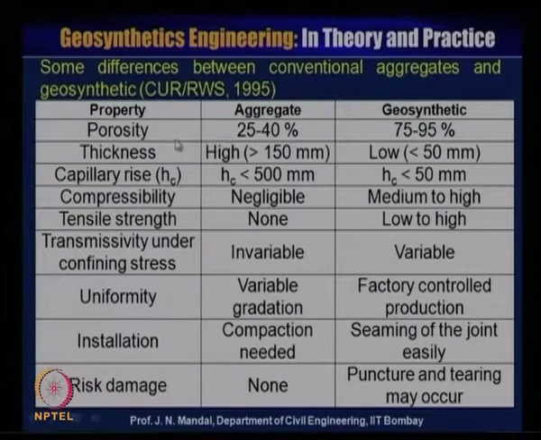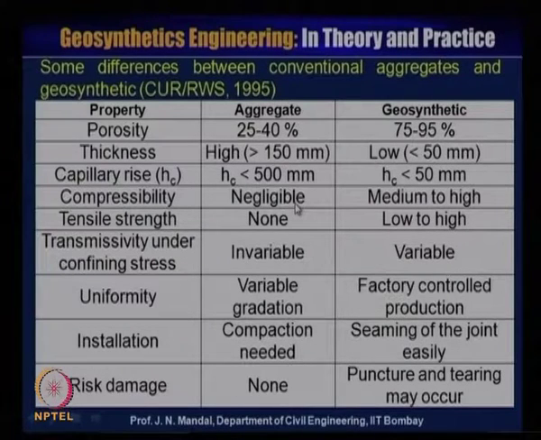Look at porosity: aggregate 25 to 40%, whereas geosynthetics porosity is 75 to 95%. Thickness: in case of aggregate it is high, greater than 150 millimeter, and geosynthetics is low, less than 50 millimeter. Capillary rise HC: in case of aggregate less than 500 millimeter, in case of geosynthetics HC less than 50 millimeter.